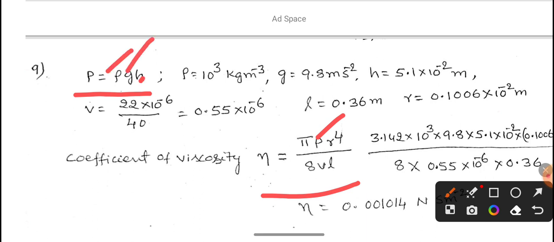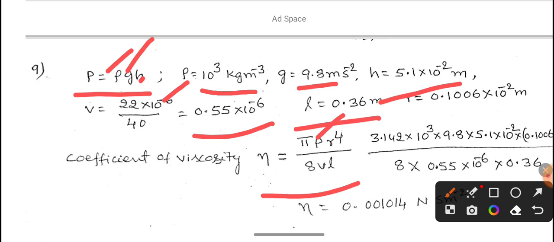Rho is 10 to the power of 3, g is given, and h, the height, is given. The length of the tube is nothing but the height of the tube. The volume rate is 2.2 into 10 to the power of minus 6 divided by 40, that gives 0.55 into 10 to the power of minus 7.